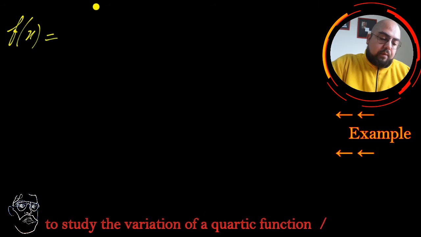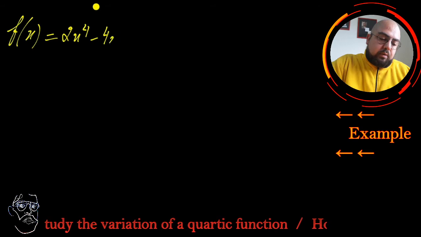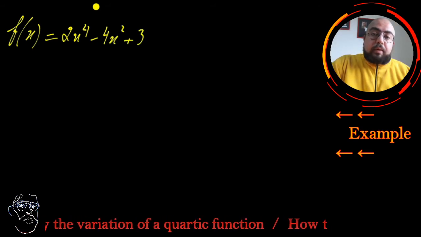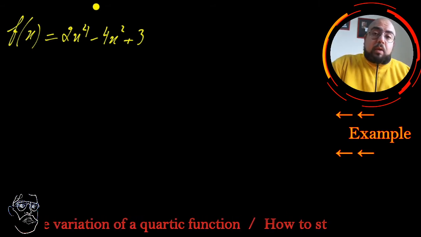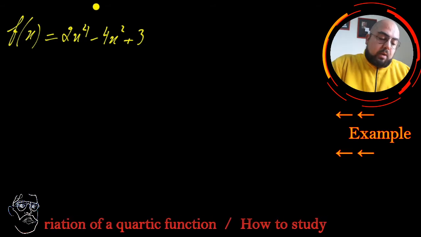F of x is 2x^4 minus 4x^2 plus 3. Since you want to calculate the number of roots, you can simply say that this equation is similar to a quadratic equation.